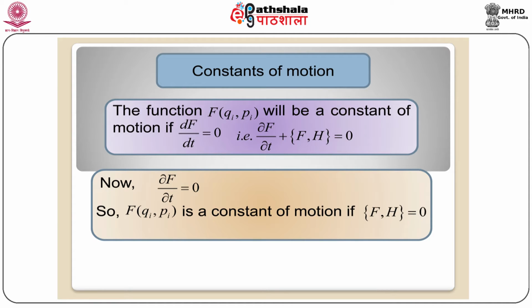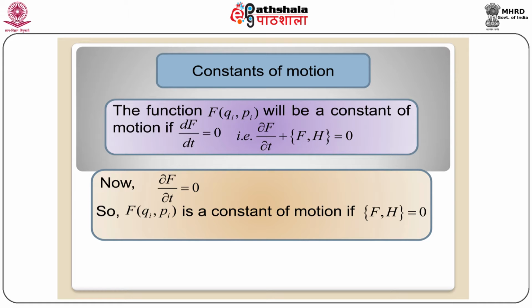d/dt of capital F means the total time derivative of capital F, which gives the first order partial derivative of capital F with respect to small t plus the Poisson bracket of capital F with Hamiltonian capital H equal to 0. Since capital F, function of small qi, small pi, does not depend explicitly on time t, the first order partial derivative of capital F with respect to small t vanishes.